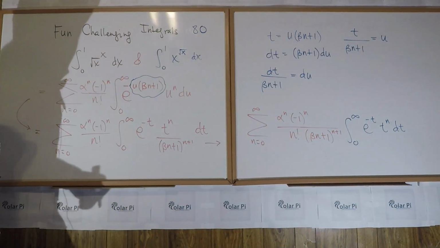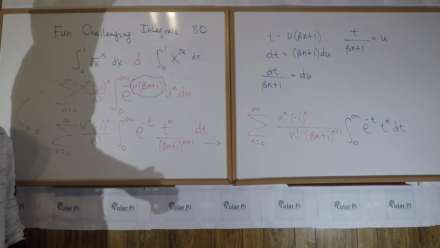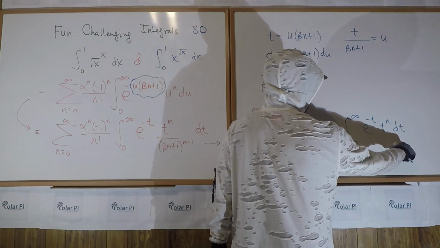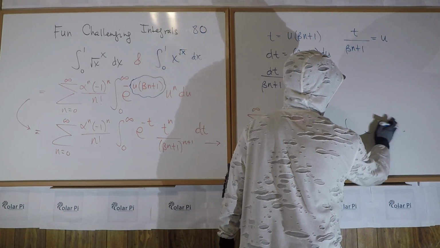Right? Okay, now I made a bunch of videos on the gamma function. So this here is gamma of n plus 1. What I wrote in blue here is gamma of n plus 1.